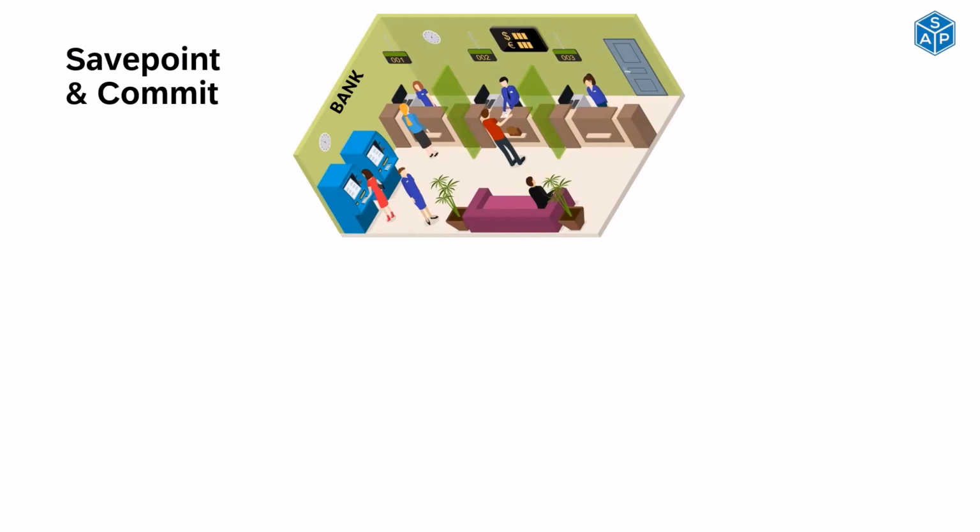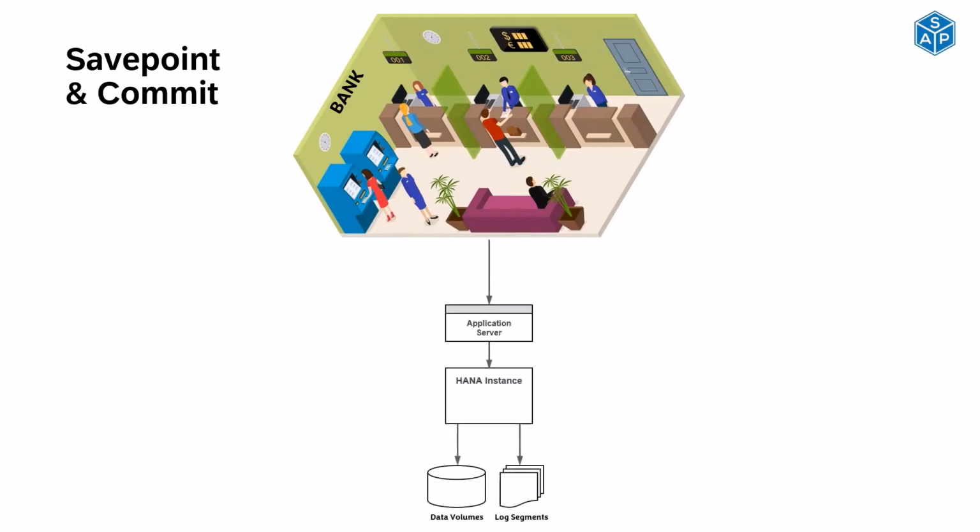So they do different transactions in their account. This is the bank premises. Now in the background, the bank is connected to its application server, or the software, the ERP, the database on which it does all the transactions.